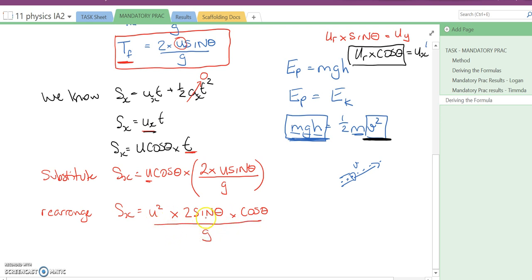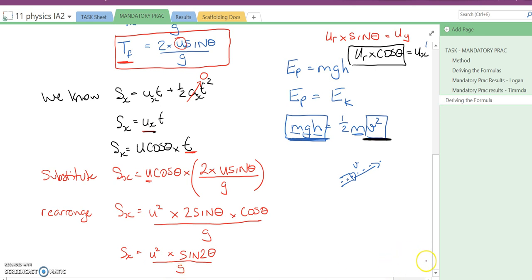And now that's interesting too, because there's a mathematical rule here that says 2 sine theta times cos theta is equivalent to sine of 2 theta. So let's rearrange again. Sx equals u squared times the sine of 2 theta over g.